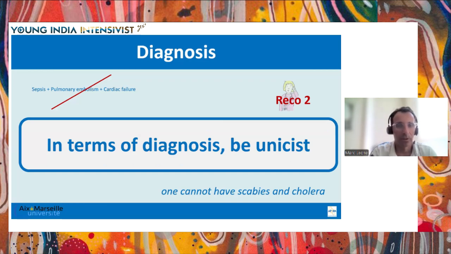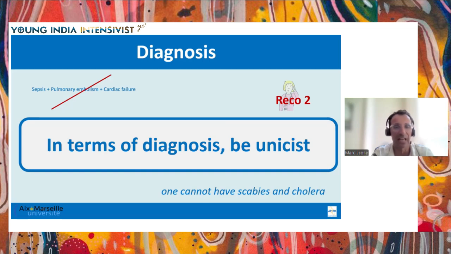My second recommendation, and I stress that, that's a very, very important recommendation for me: in terms of diagnosis, be unicist. I dislike when my resident tells me, oh, this patient has sepsis and a pulmonary embolism and a cardiac failure. No. In French, I don't know the translation, but we say that one cannot have scabies and cholera.